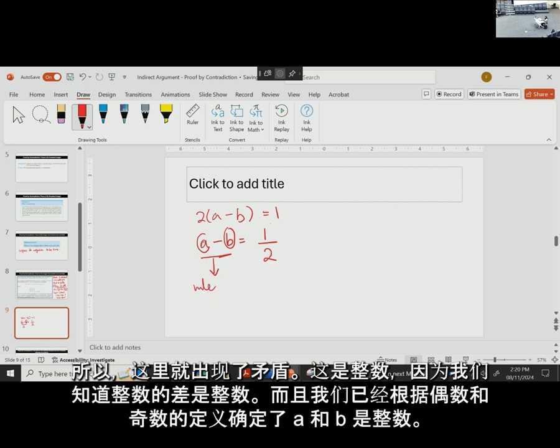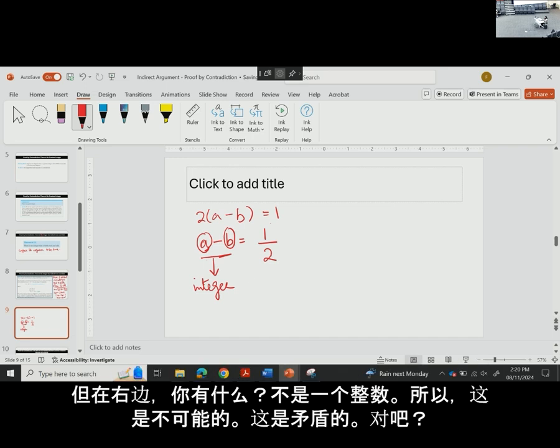This is an integer because we know that the difference of integers is an integer, and we have already established that a and b are integers based on the definitions of even and odd integers. But on the right hand side, what do you have? Not an integer. So this is not possible. It's a contradiction, right?